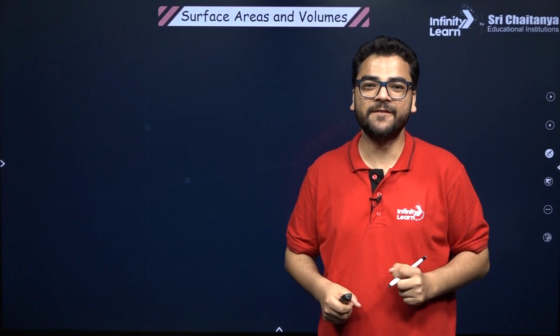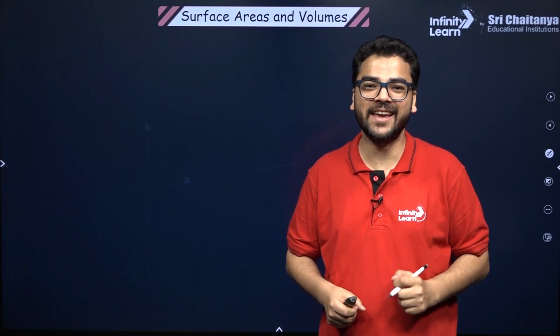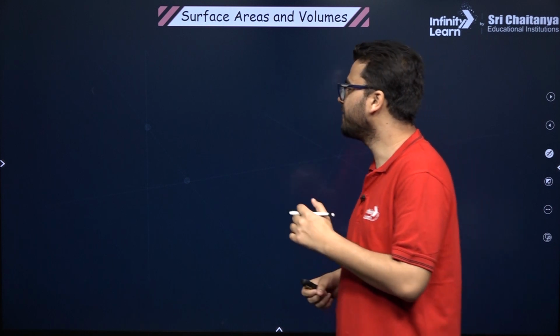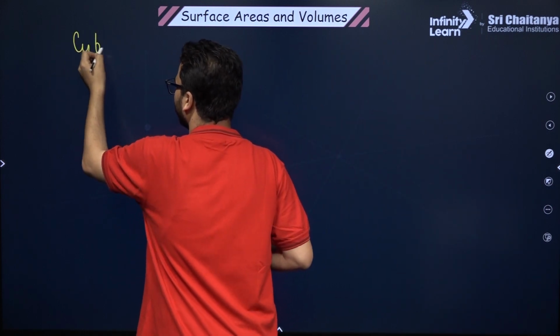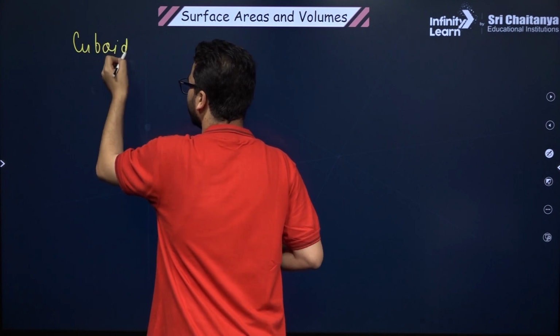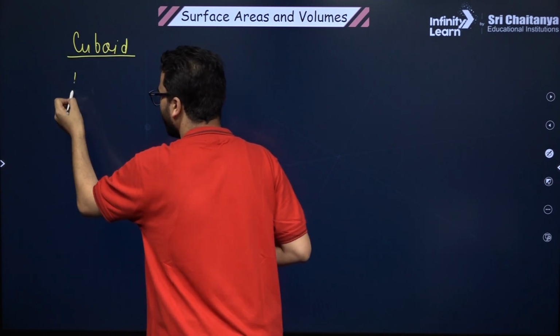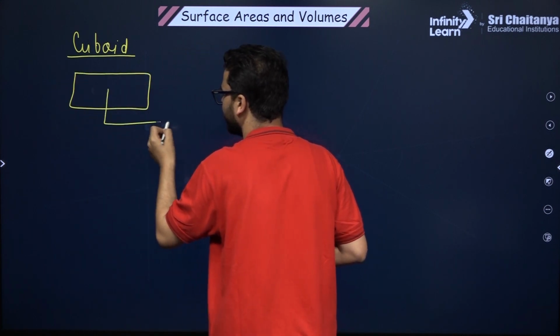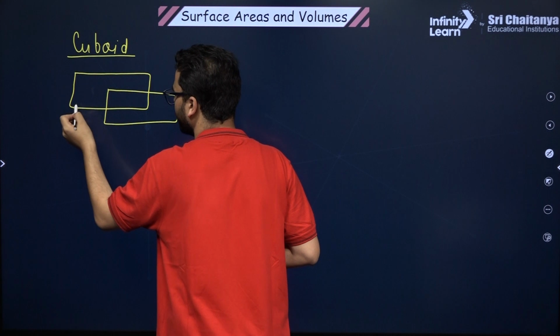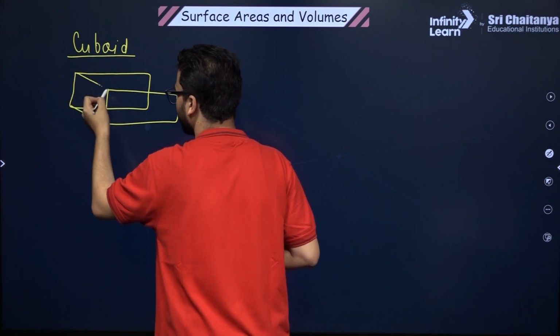Now we are going to see formulae in the chapter surface areas and volumes. The very first thing over here is cuboids. I'll make a rough figure of a cuboid for you. So you've got this cuboid over here.